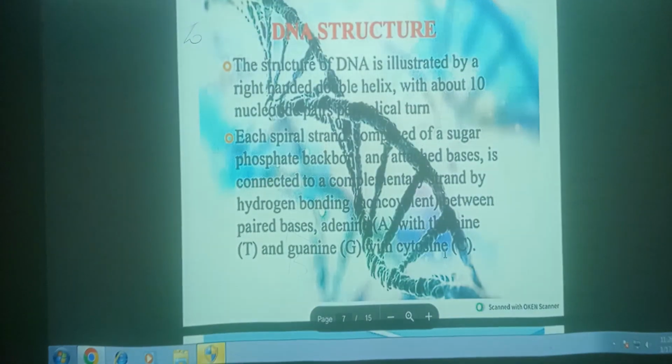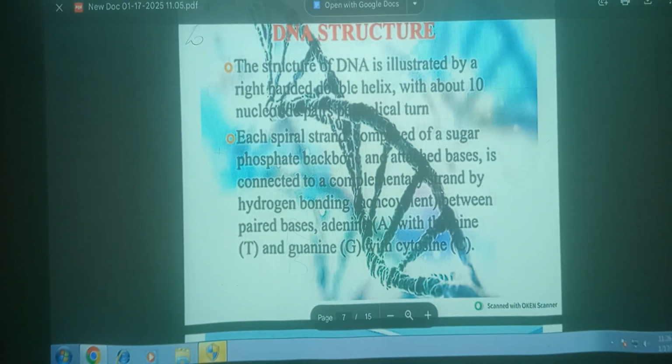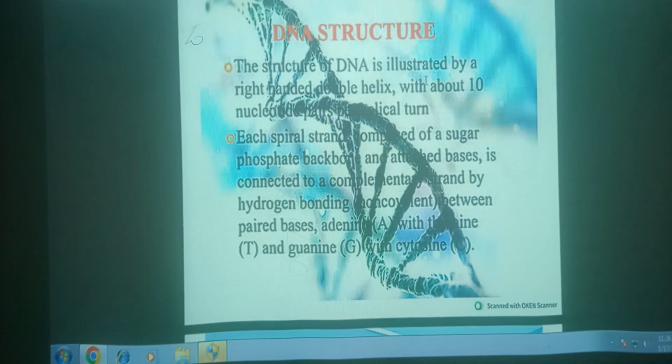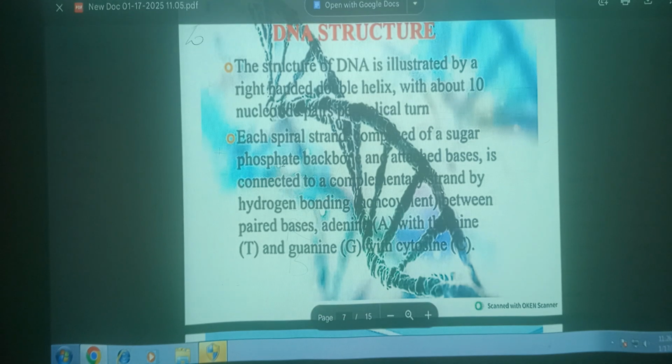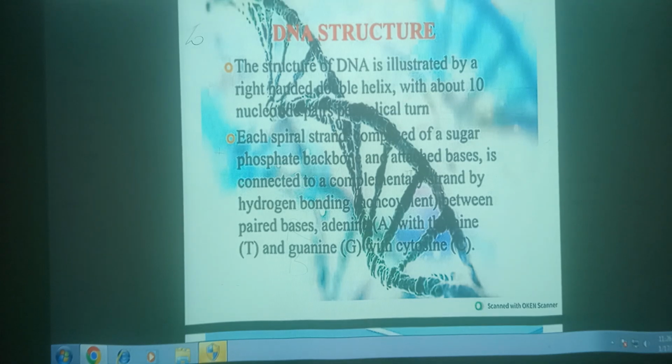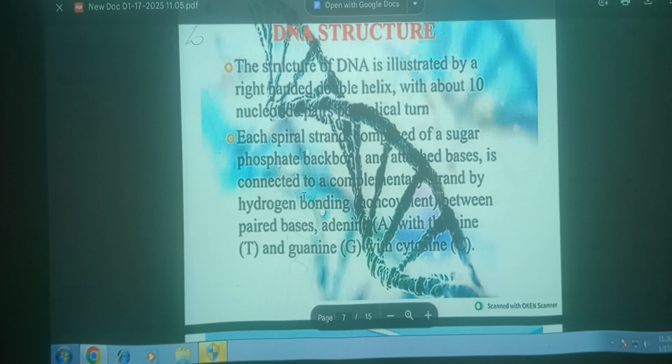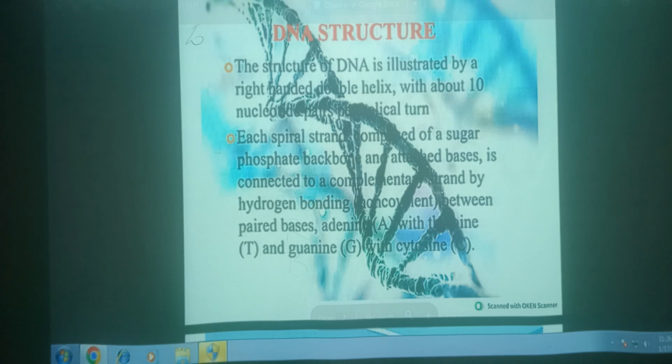The structure of DNA is illustrated by a right-handed double helix with about 10 nucleotides per turn. Each spiral strand has a sugar-phosphate backbone, and the attached bases are connected to the complementary strand by hydrogen bonds.